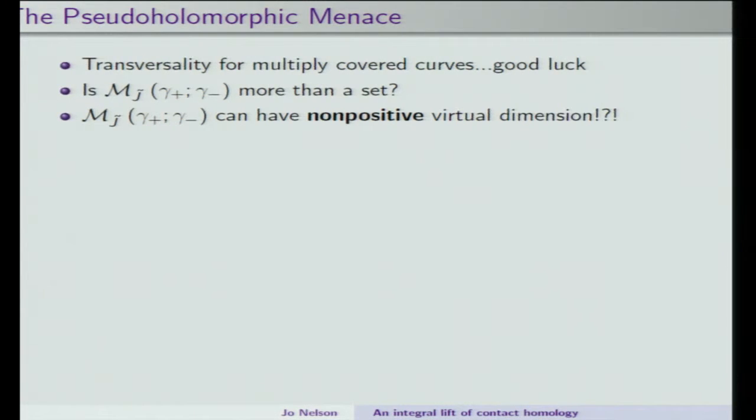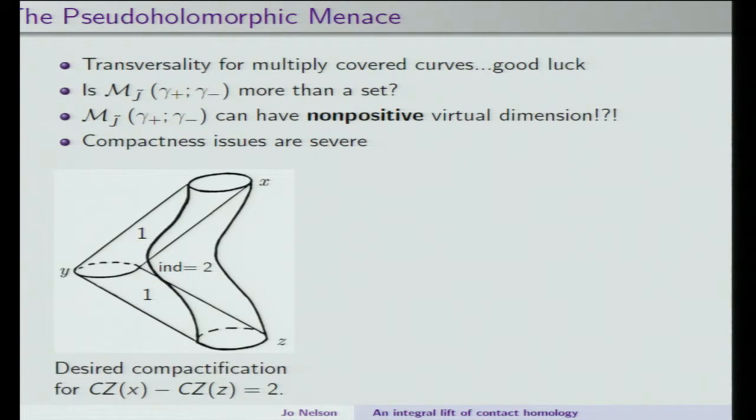And if it's some nasty set, it could have non-positive virtual dimension, which means we have really horrible compactness issues. In Morse theory, you have an index 2 flow line. To prove D squared is 0, the compactification only has to include once-broken cylinders, and adding to 2 with positive numbers is just 1 plus 1.